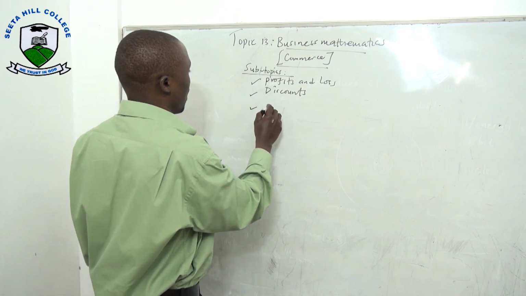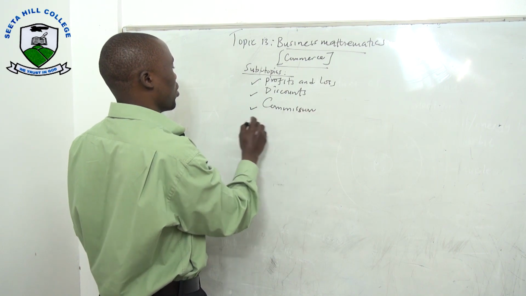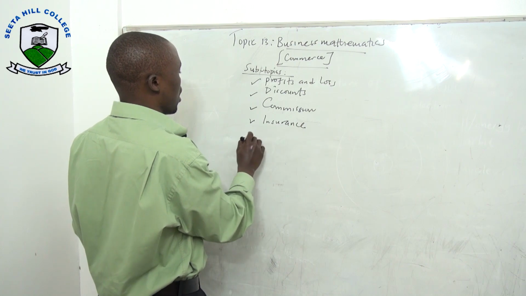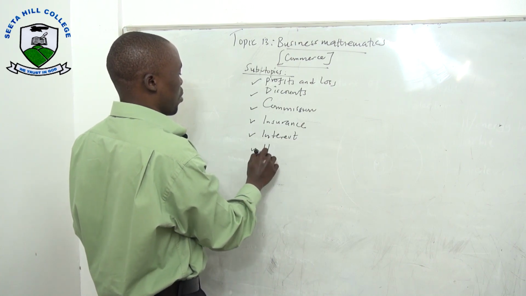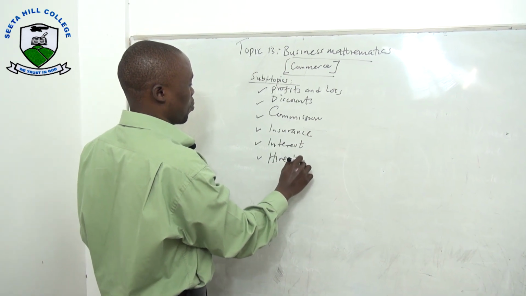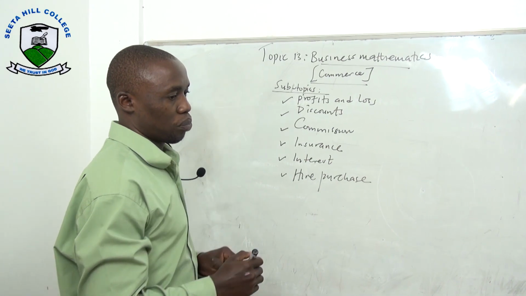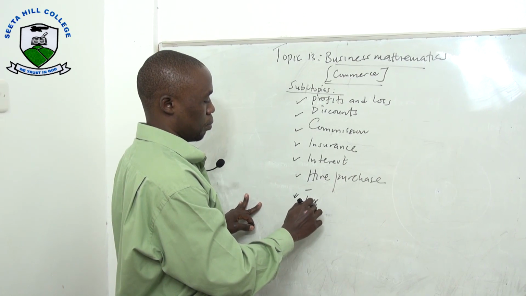Primary. Then you will have discounts, commission, insurance, interest, then hire purchase. I'll ask you to make research on tax.